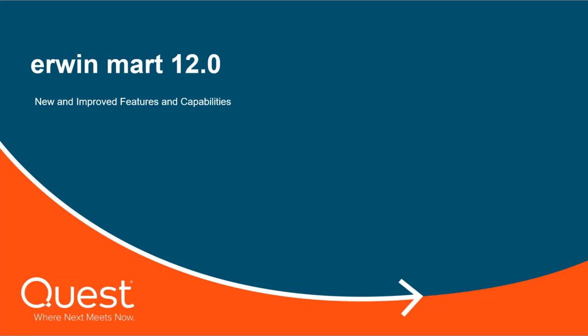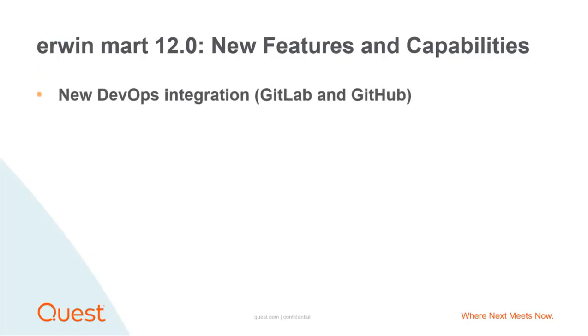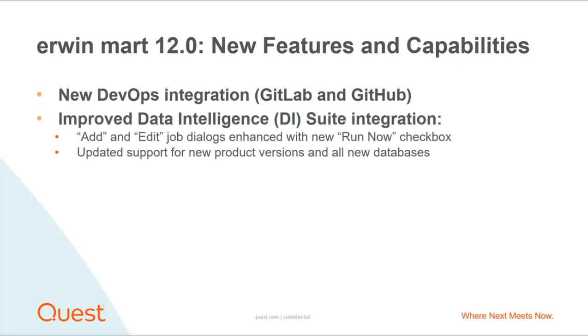Now, let's turn our attention to the new features and capabilities of Erwin Mart 12.0. Features and capabilities include new DevOps integration with GitLab and GitHub, improved data intelligence or DI suite integration, such as add and edit job dialogues, have been enhanced with the new Run Now checkbox, updated support for new product versions and all new databases.